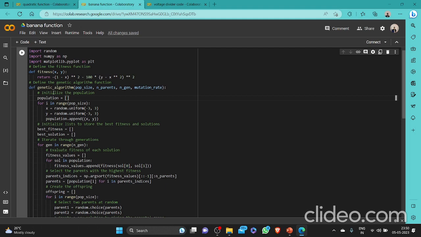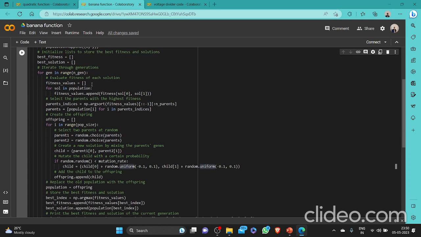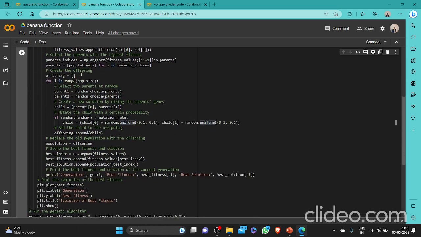Later, we will initialize population. Next, initial best fitness and solutions. Iterate through generations, creating new offsprings, selecting two parents.